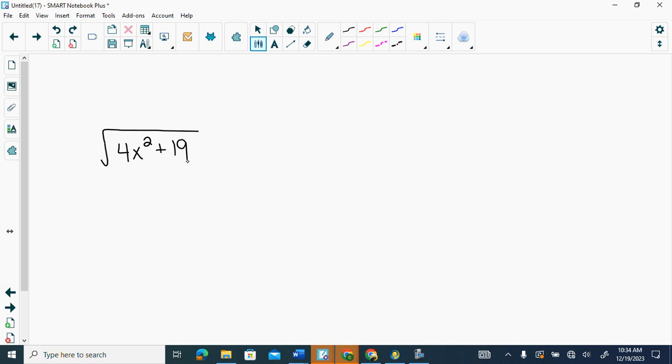What could I put in x that would cause me problems? It's a trick question: nothing. Anything I put in here will make it positive. Negative 1 squared is positive 1, negative 4 squared is positive 16. I'm not going to get any negatives. So the domain on this one is x in the reals.